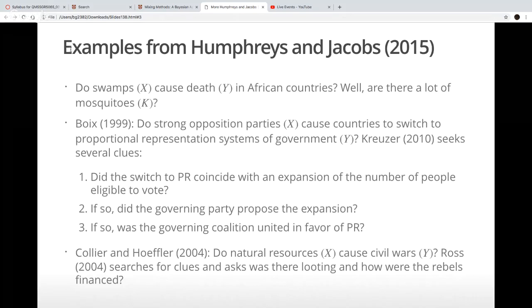Within the realm of political science, more squarely, which is where this article is directed toward, many scholars in comparative politics, chief among them, I guess, Charles Bach, have theorized that the presence of strong opposition parties, particularly when combined with the fracturing of existing ruling or governing parties, causes countries to be more likely to switch from whatever system of government they have to a proportional representation system of government where essentially you vote for a party, and then the proportion of votes that each party gets is related to a greater or lesser extent to the number of seats that that party is given in the parliament.